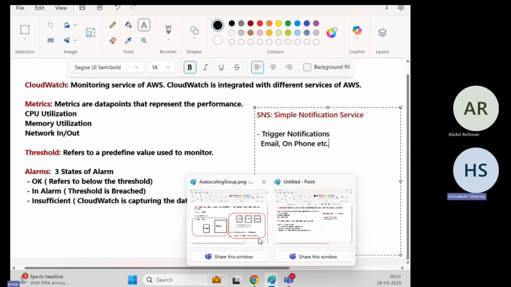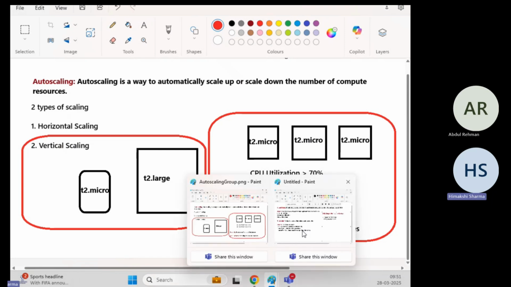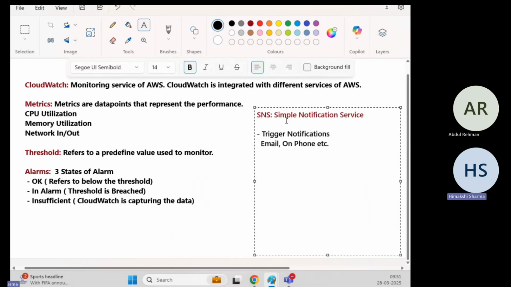As we are talking about this, I told you it will go into the alarm state if the CPU utilization is more than 70%. The alarm will tell the Autoscaling Group to add one more EC2 instance. And along with that, with the help of SNS, we also want to get notified, right?